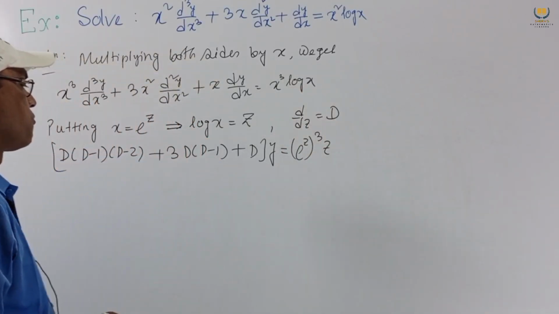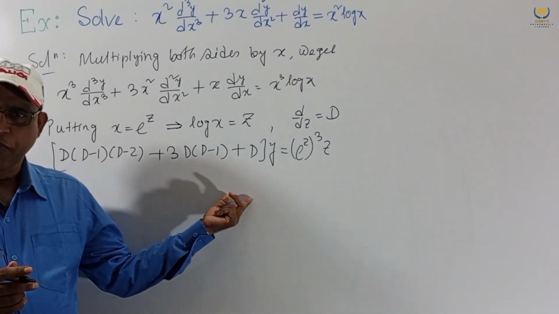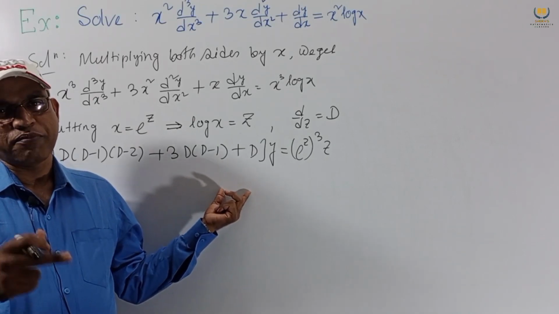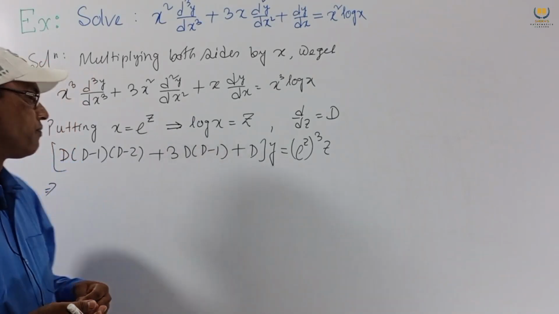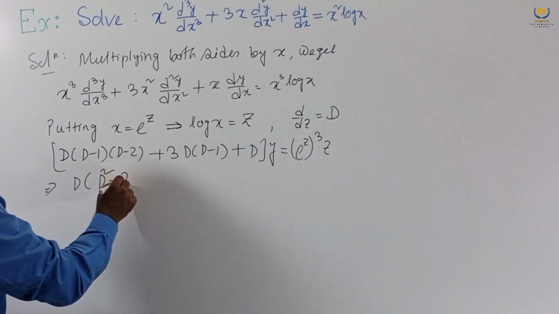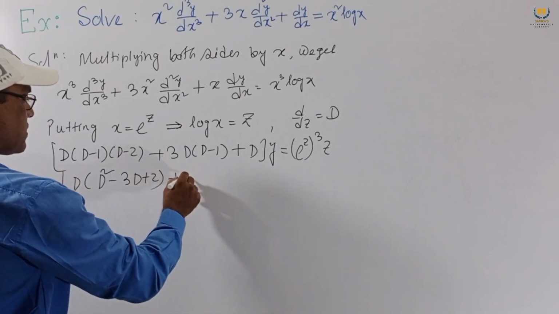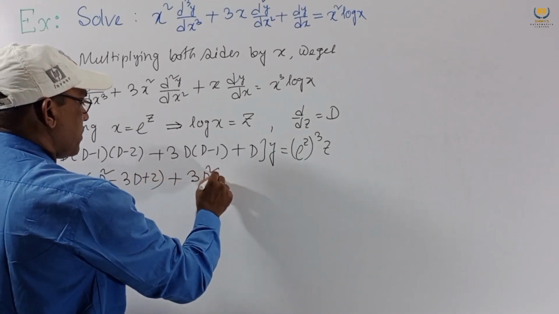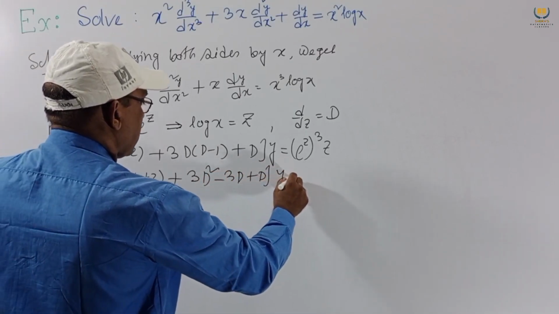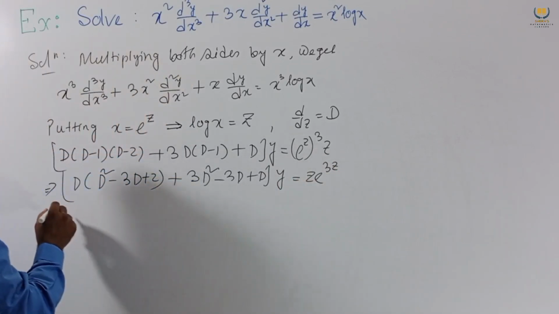We get this. So this type of problem, how to write this, it was given in video number 1. Is there any confusion, any problem? You can watch the video number 1. So this is D square minus 3D plus 2, plus 3D square minus 3D, plus D, y equal to z e to the power 3z.